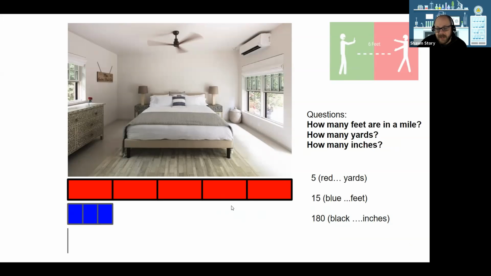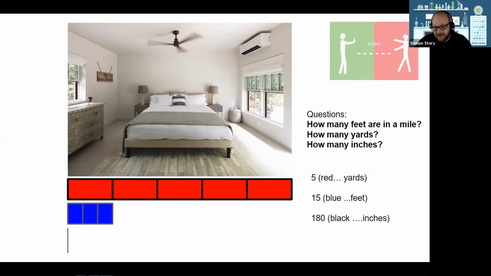If we look at the standard system, how many feet are there in a mile? Do we know? How many yards are in a mile? How many inches are in a mile? Do we know those answers? Let's guess.